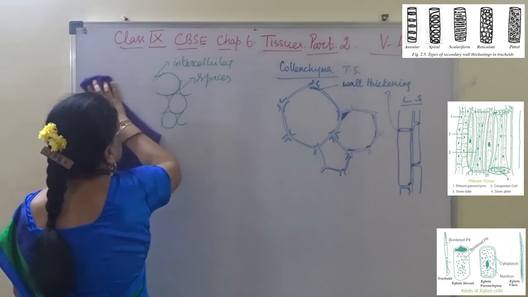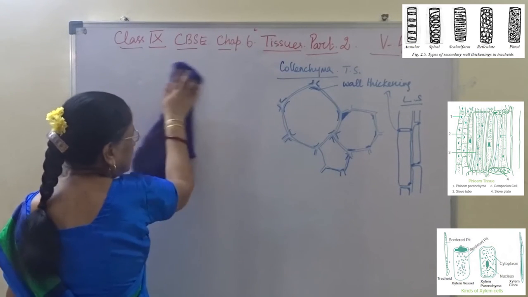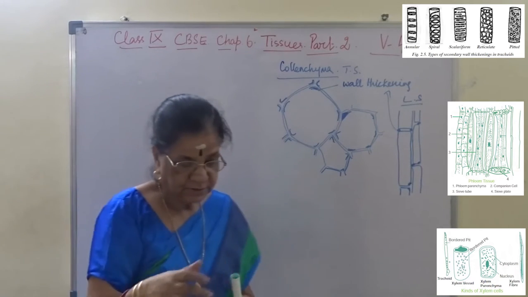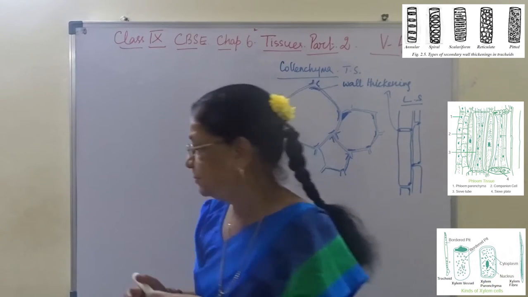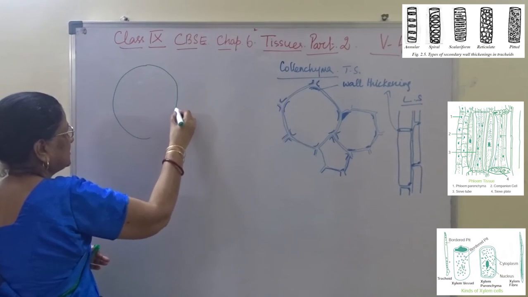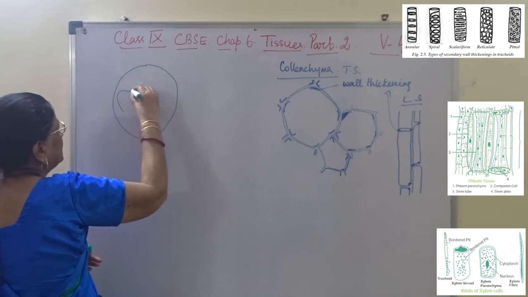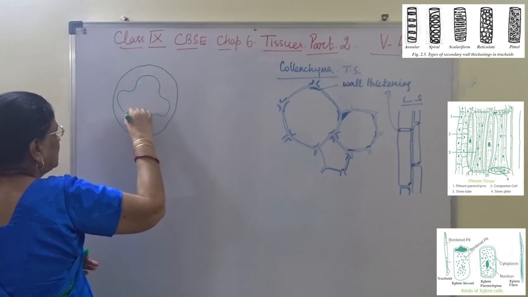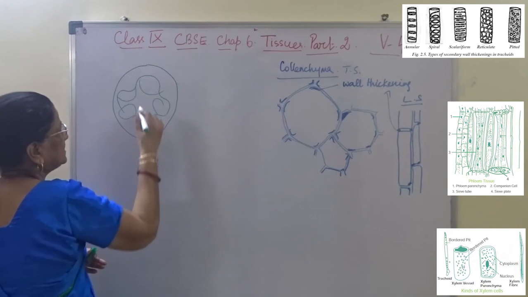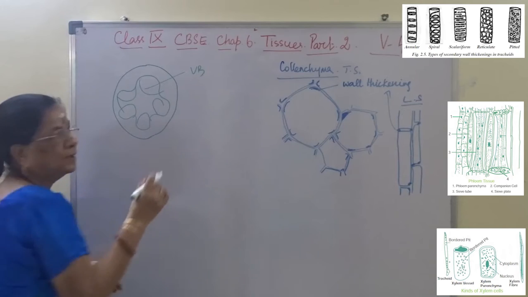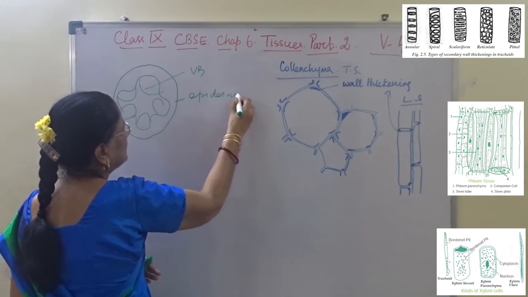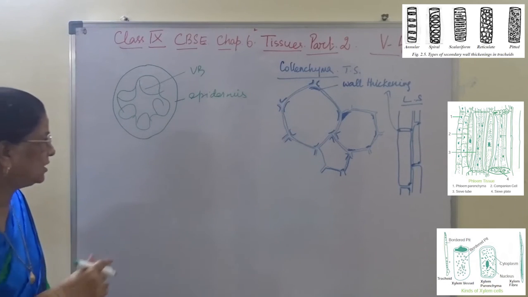Again, I am taking a transverse section of a stem. The transverse section of the stem will be like this, and inner to that it will be arranged like this. This portion is the vascular bundle and this is the epidermal layer, otherwise called the epidermis.